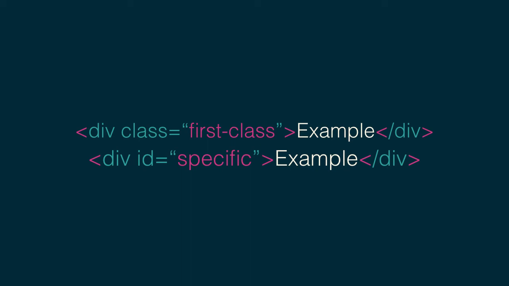I don't think anybody has ever been like, man, I really should have used an ID there. You can only have one ID per element, but an element can have an ID and a class, and multiple classes. So an ID is pretty limiting. It should only be used in pretty specific cases where I know that this is so different and so unique that we're going to style it with an ID.